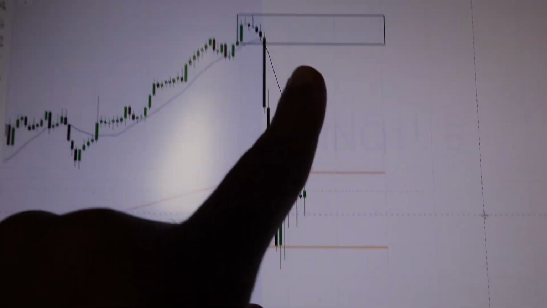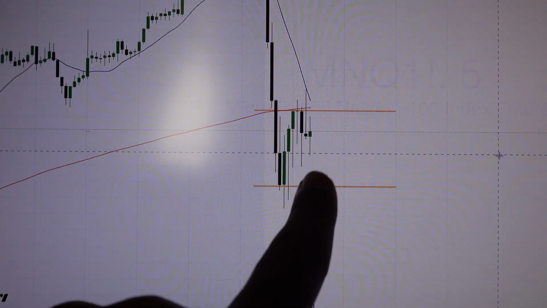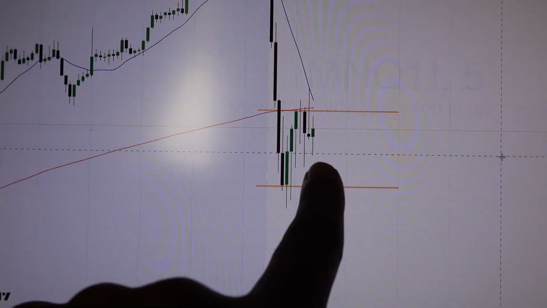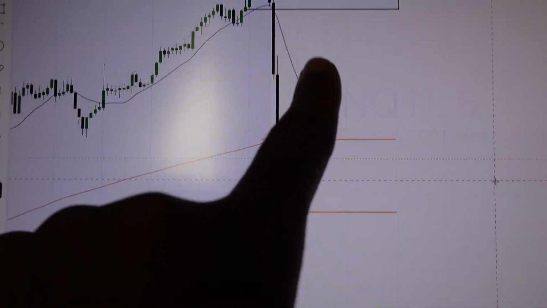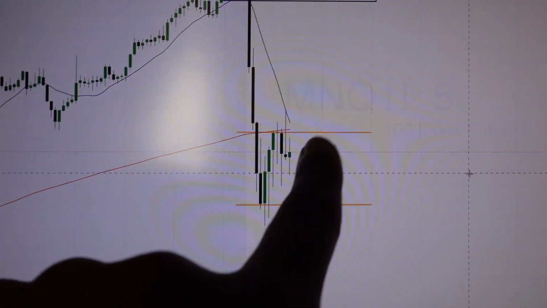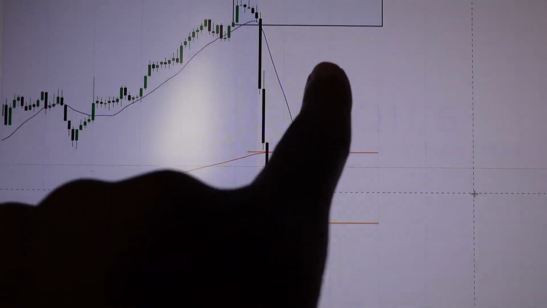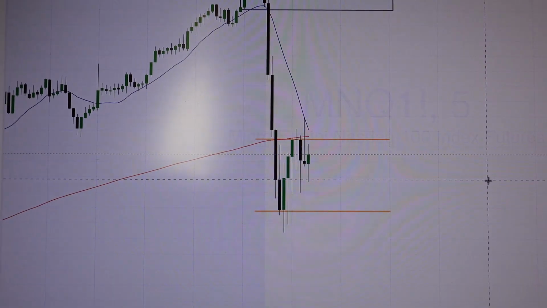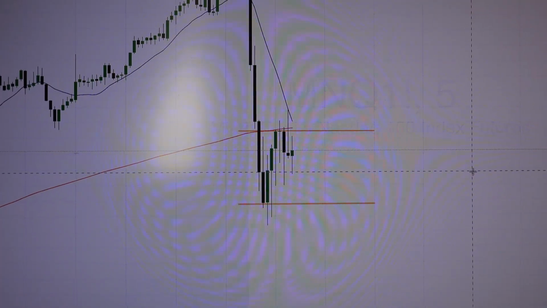I prefer supply and demand because I have a better edge. I could get my edge of 1 to 2 or 1 to 3 with supply and demand. If you trade support and resistance and go zone to zone, in my opinion, they don't help you with the 1-to-1, 1-to-2, or 1-to-3 risk to reward ratio.